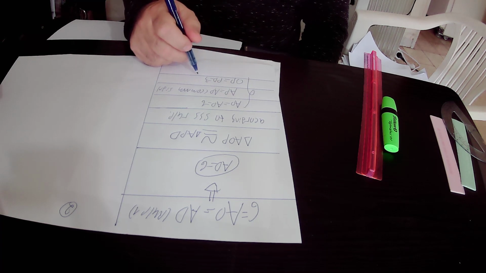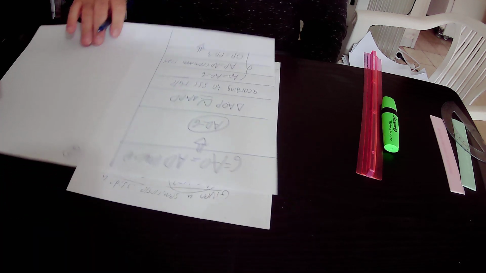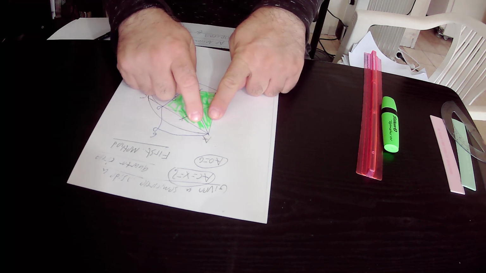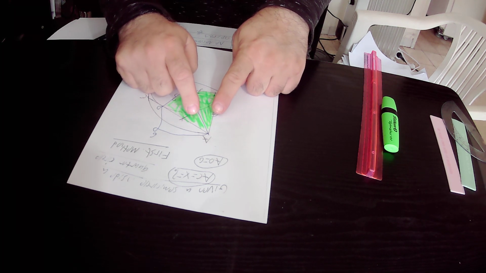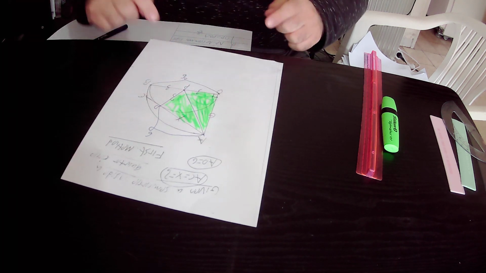And from the fact that those 2 right triangles can go into each other, we will derive that those 2 angles are equal to each other according to the rule that corresponding angles in congruent triangles are equal to each other.